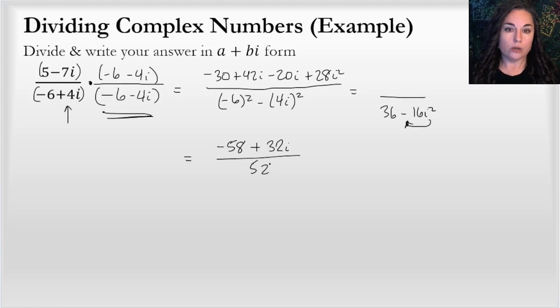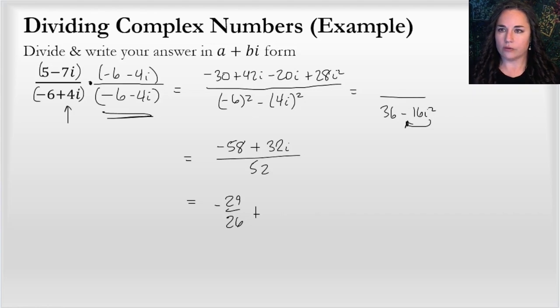All right, so that is working through the mathematics of those imaginary number multiplications. I still need to simplify from here. Not much is going on other than a factor of 2. 58 divided by 2 is 29, so I'll get a negative 29 over 26, plus 22i over 52. Did I do some math wrong?